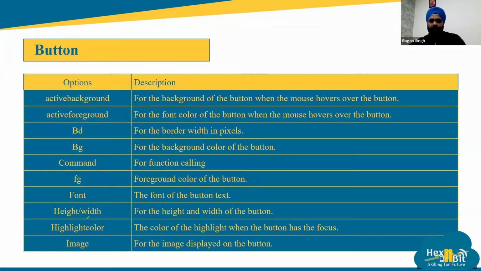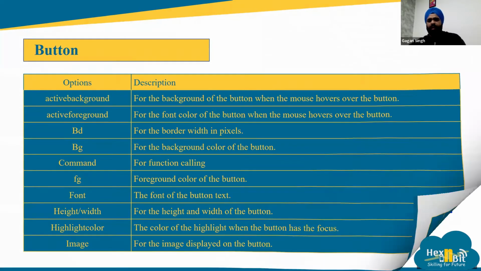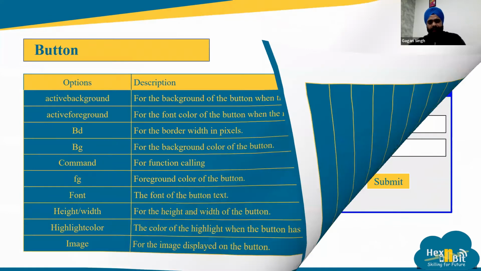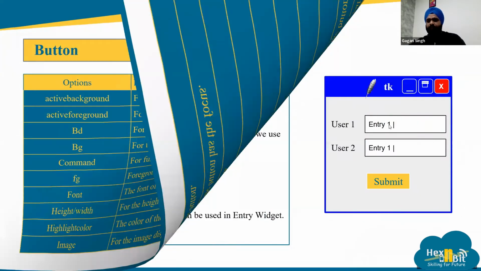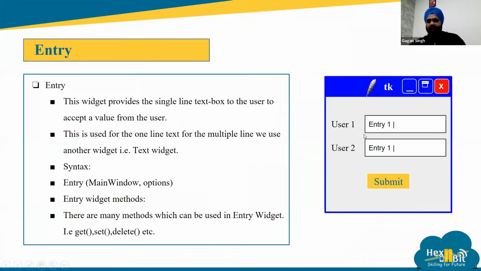Then FG, font, height, width, highlight, color, image. We will be adding image also, adding images to the button. Then entry. Entry is, as I told you, used for getting entry fields input from the user. So you can get input, or it can also be used for displaying some data if you want.